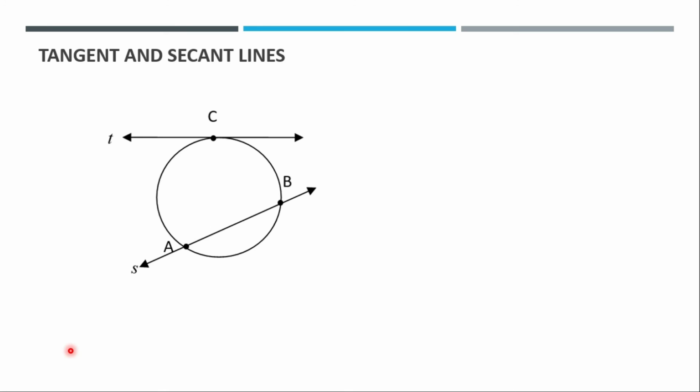So, a line coplanar with a circle may intersect the circle in two ways. So, pwedeng yung line natin ay ma-intersect niya yung ating circle. So, meron tayong tangent line. Ayan, ito yung ating tangent line. At yung secant line naman natin ay ito.